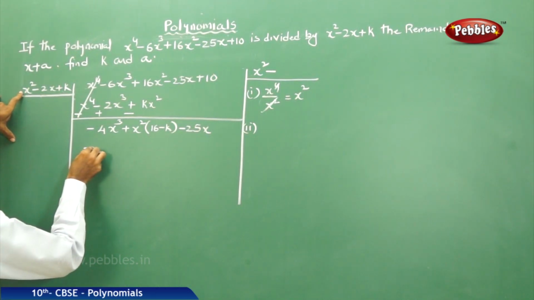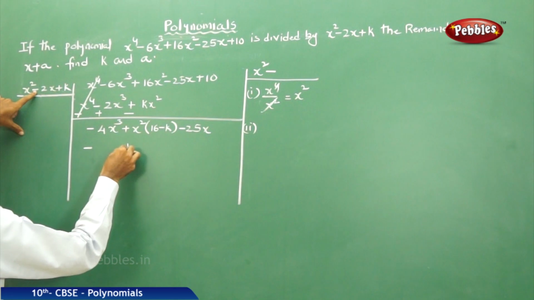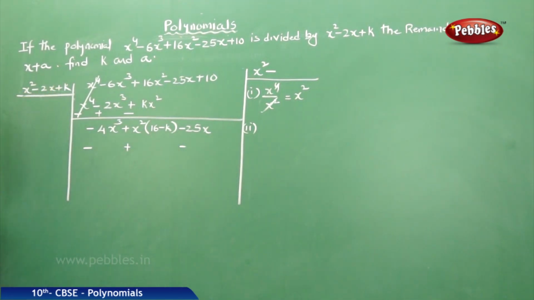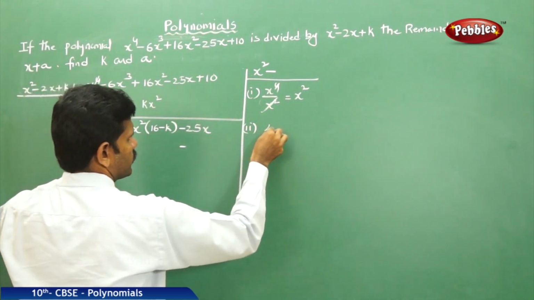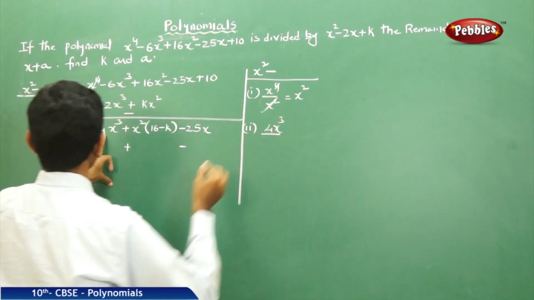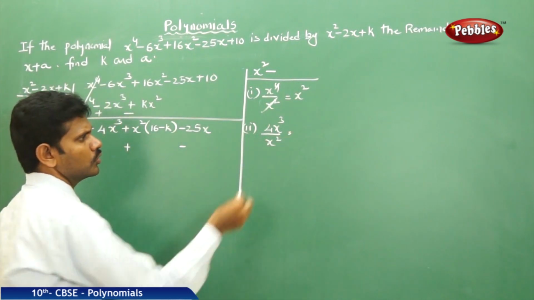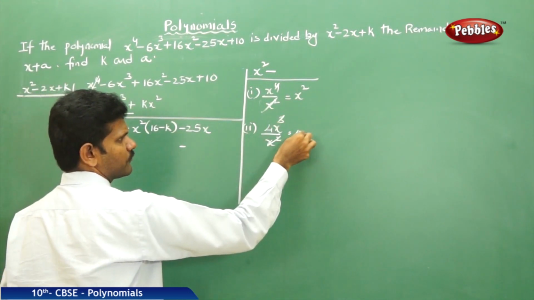Plus is there, minus is there, plus, minus. Now 4x cube by x square, x square gets cancelled, 4x is left.